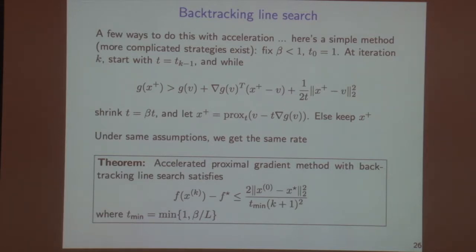Here, to make it work, and this comes from figuring out where one can apply backtracking in the proof, we have to make sure that the step sizes decrease across iterations. So it may be less effective in some sense than backtracking with other methods. Because if we ever took a small step size at one iteration, we've forced ourselves to take step sizes that are at least that small in all future iterations.